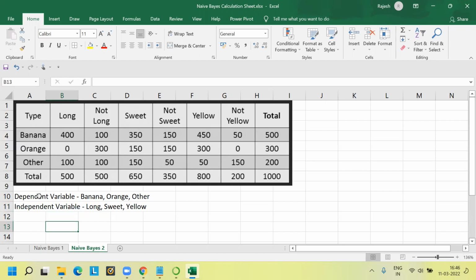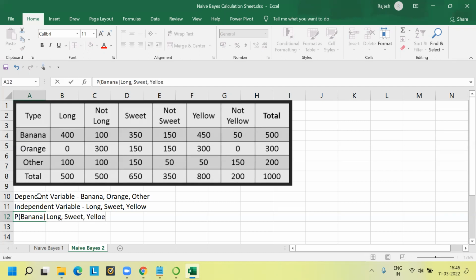Now you have to find the probability that the fruit is banana given it is long, sweet, and yellow. Within independent variables, classes. The cross tabulation system will get them as headers.